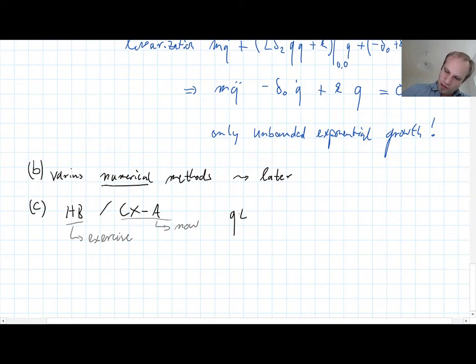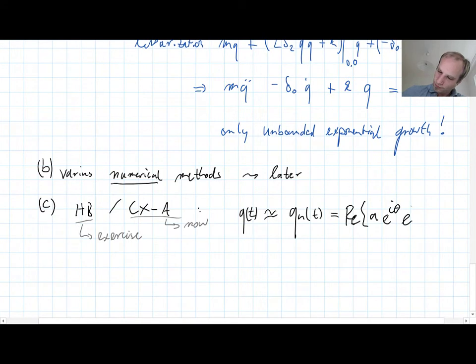So we will assume now, in accordance with this approximation, the same Ansatz, where we assume that q is some approximation q_H of t, and this can be expressed as a harmonic oscillation, A e to the i theta e to the i integral omega dt, and theta and A are generally allowed to slowly vary with time in the complexification averaging case.